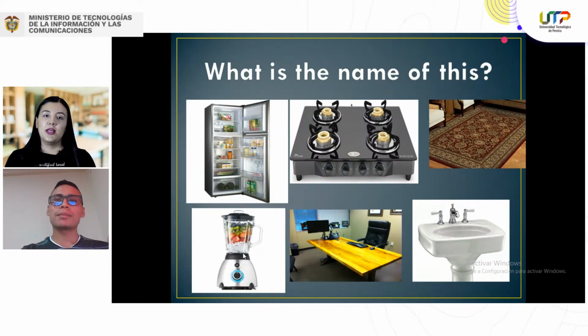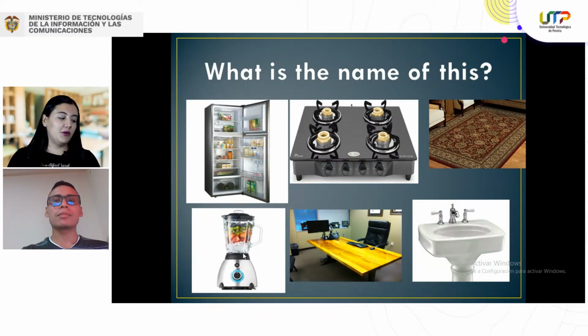Very good. And the last one, how do we call the thing that we have in an office? But listen to this, because there we have many things. How do we call the thing where we put the computer on? How do we call the surface that we have there in the office?